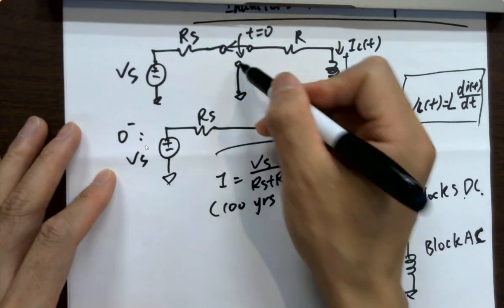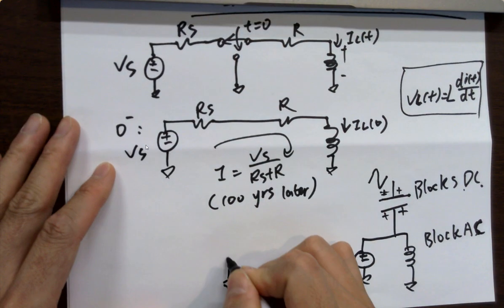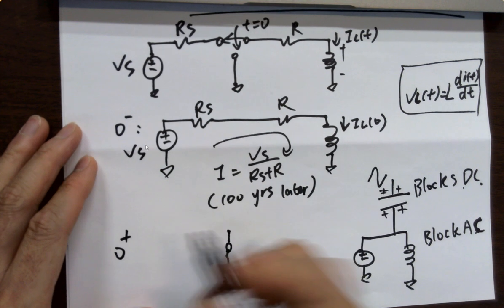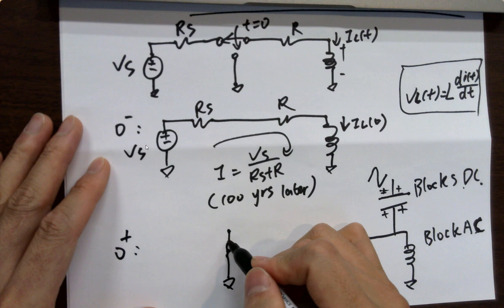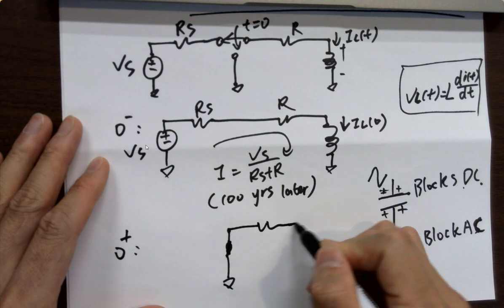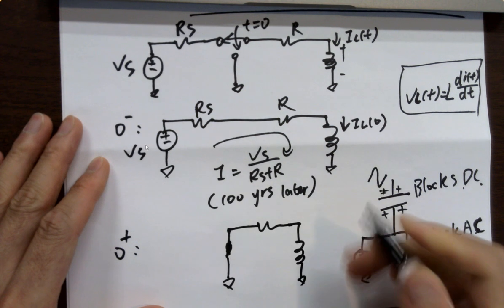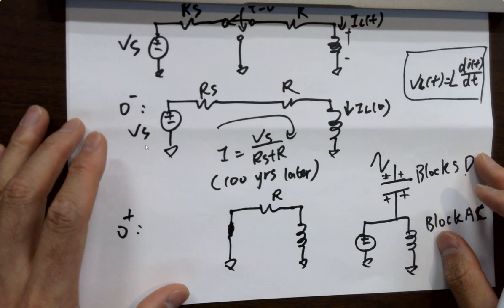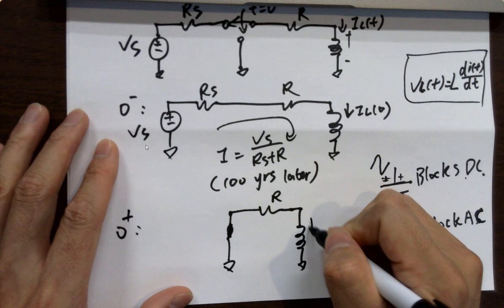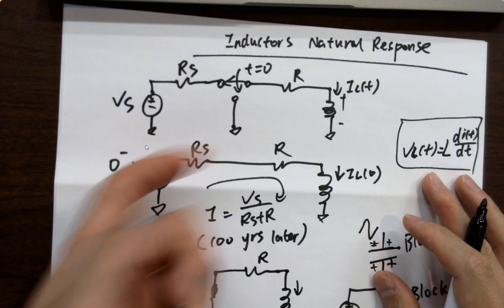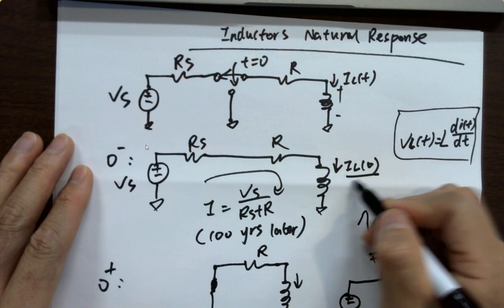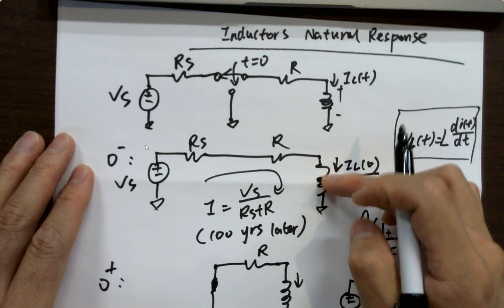All right, if you switch it here at T0, this is 0 plus, right? So switch it here, it becomes this. What's going to happen? What's the name of the response here? Initially, because the current has been flowing like this all the time, there's an IL0 flowing inside the inductor.